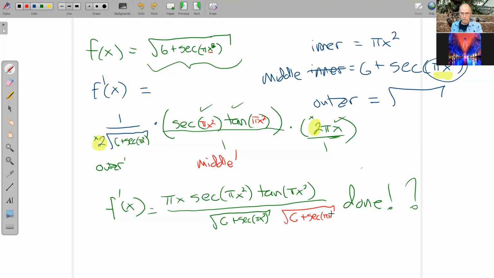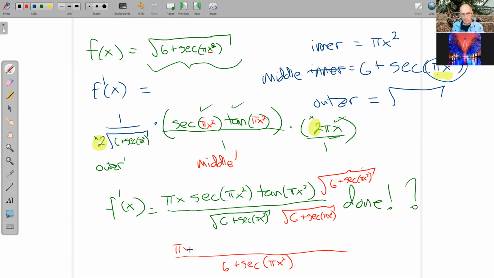Oops. We'd have to do the same thing in the top. In the bottom, the square root cancels, so my denominator is now 6 plus the secant of pi x squared. But now my numerator is way more complicated.